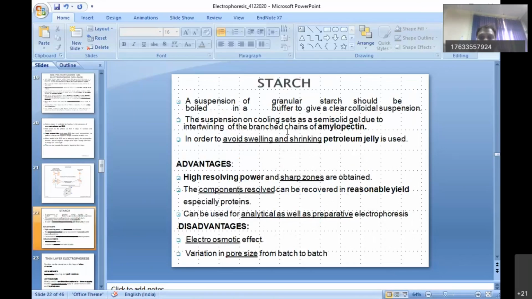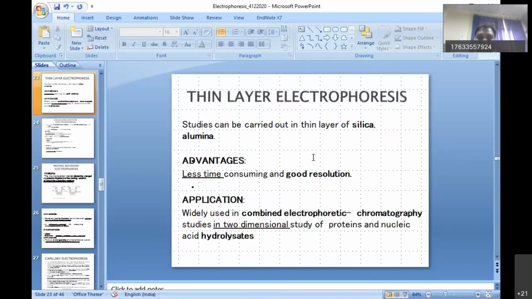Starch is another supporting medium which can be used for electrophoresis. Another is thin layer electrophoresis, where silica is used, and the advantage is that it is less time consuming. It has good resolution and wide use in combined electrophoretic chromatography studies, in two-dimensional study of protein and nucleic acid hydrolysates.